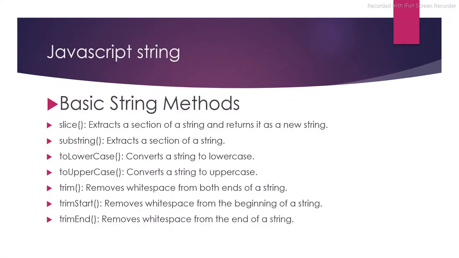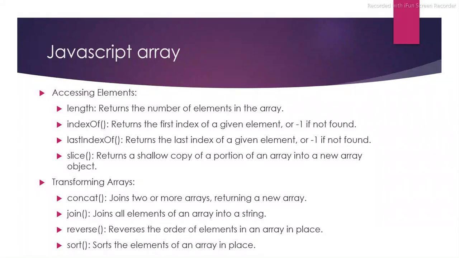Then we looked at the string object and array object. So these are some of the advanced concepts available in JavaScript. With this introduction you can explore more into JavaScript. You can refer to websites like Tutorialspoint so that you can explore more.